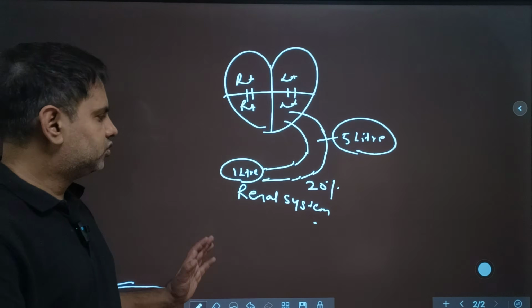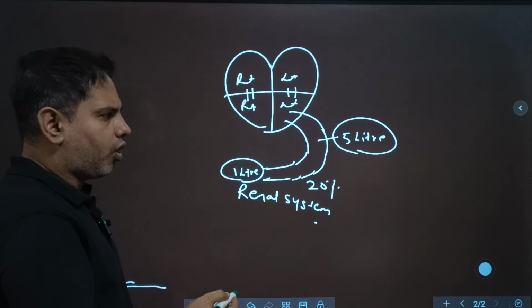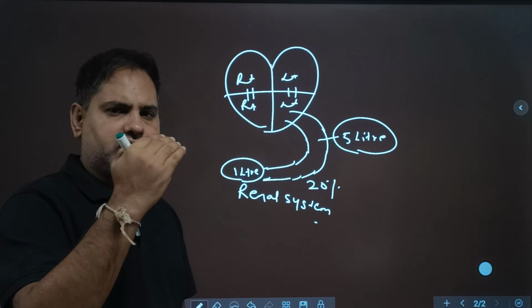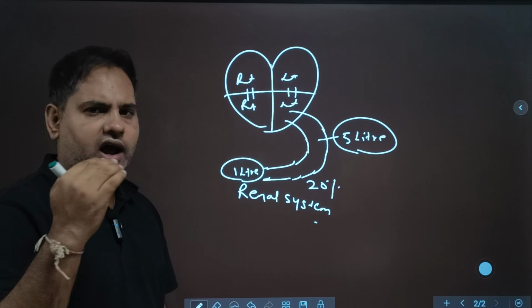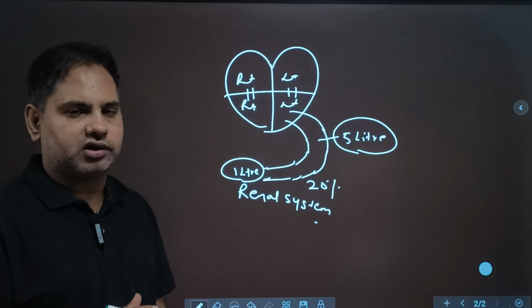There are nephrons, and the nephron has different parts: the proximal convoluted tubule, the loop of Henle, the DCT, the distal convoluted tubule, and the collecting ducts.